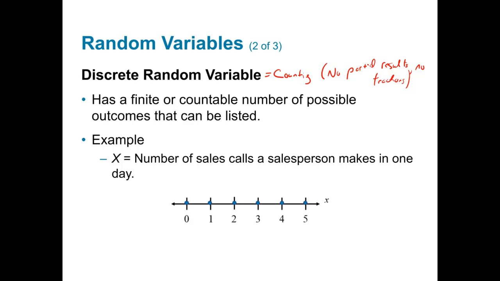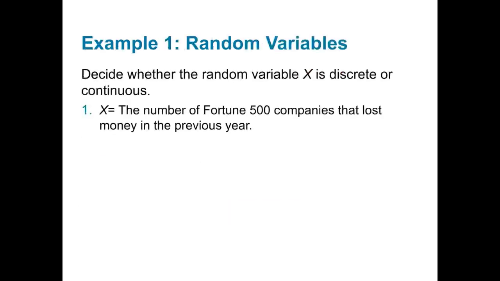These two slides should look very familiar because these slides were in Chapter 1's PowerPoint too. This is the same exact slides I gave you way back then. So you tell me, is this random variable X going to be discrete or continuous? X is the number of Fortune 500 companies that lost money in the previous year. Discrete, right?